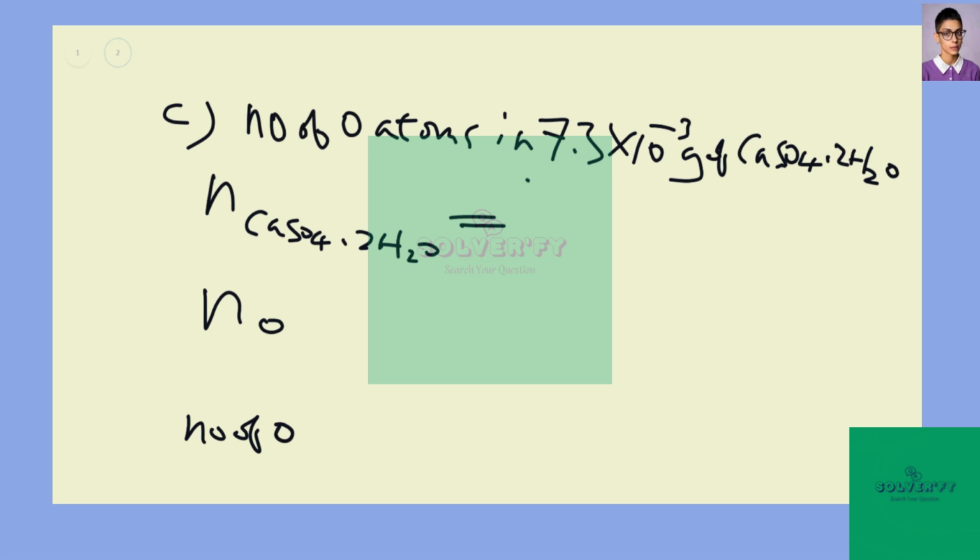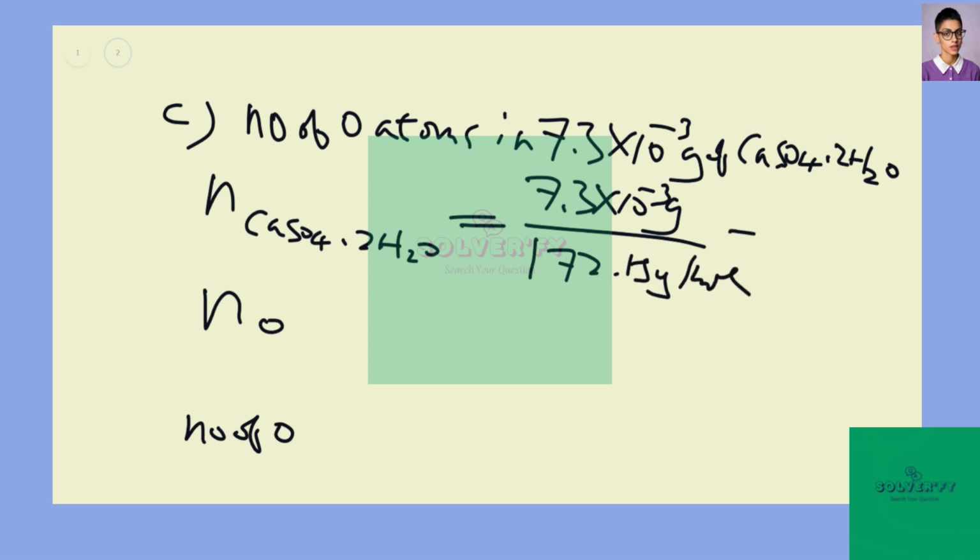Okay, so yeah, let's find the number of moles. We have 7.3 times 10 to the 3 gram, and then we have to find the molar mass. Again, you can go back to your textbook or periodic table. You should be able to find the calcium plus sulfur, 32.07, plus 4 oxygen, plus 2 water.